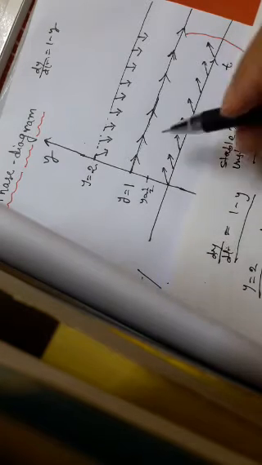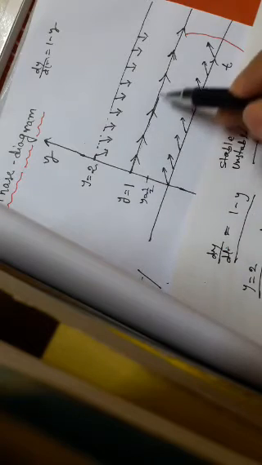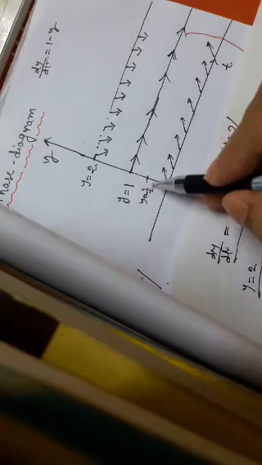So take any point close to this line y is equal to 1. Now consider another line y is equal to half. If I put y is equal to half here, then dy/dt is equal to 1 minus half, which is 1 minus 1 by 2, equal to 1 by 2.